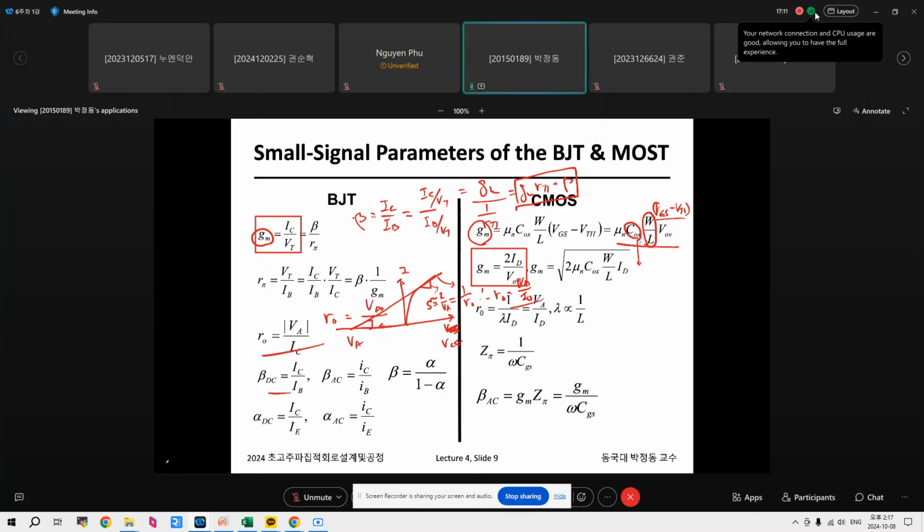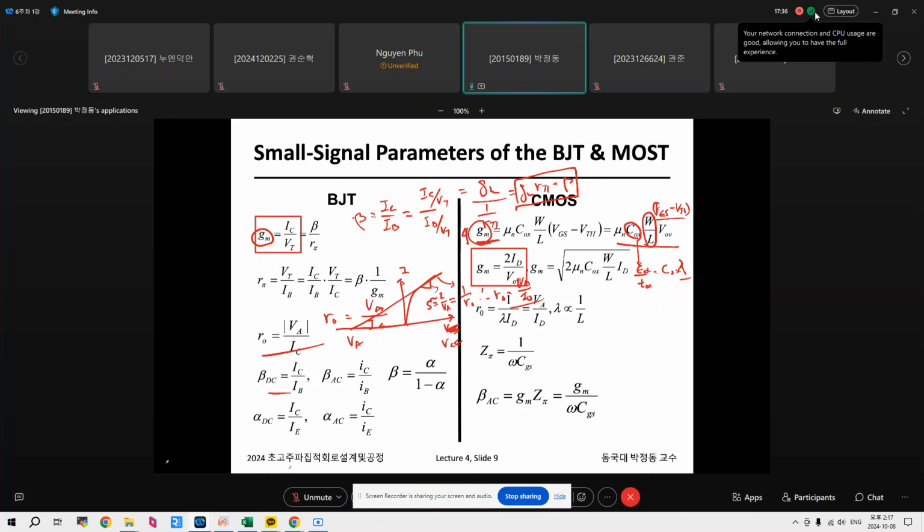You come to know why foundry companies are struggling to reduce the thickness of the oxide: if you reduce the oxide thickness, you can increase COX, and then you can improve GM.